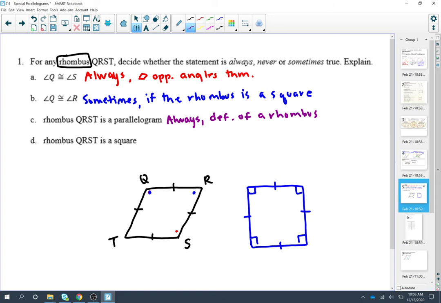And then letter D, rhombus QRST is a square. Sometimes. And that's when it has 4 right angles, then it would be a square.